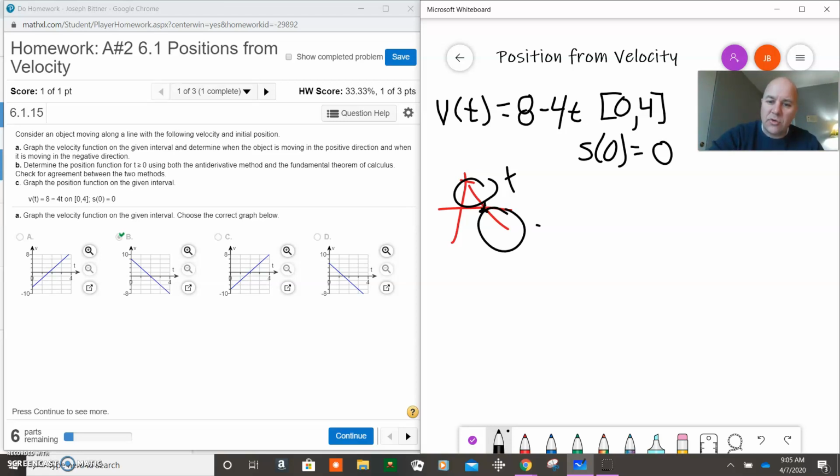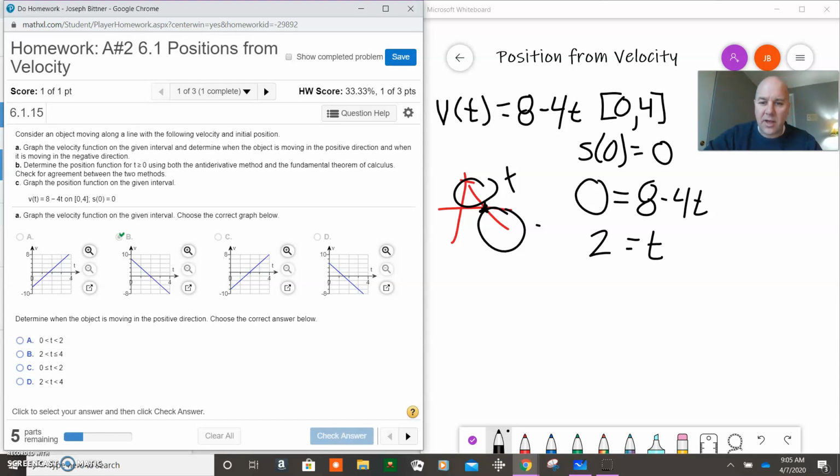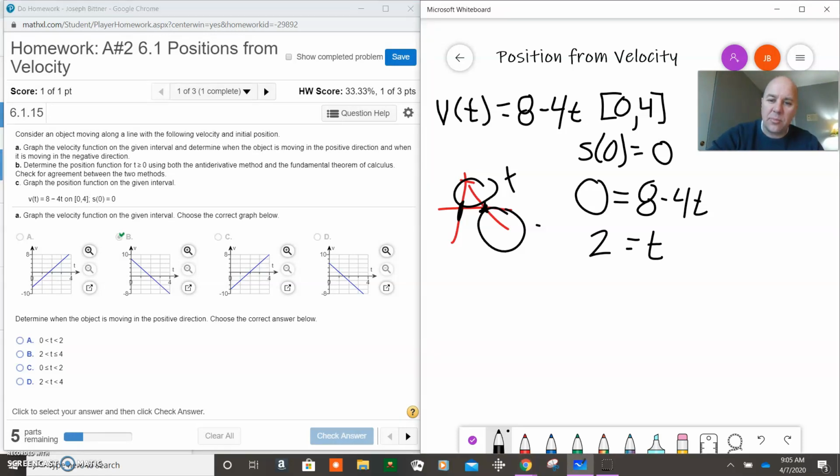Well, I wish I just knew what was that x value right there. If I take the equation and just set it equal to 0 and then solve it, I actually get an answer of 2, which is the x-intercept where it crosses. So when it says, when is it moving positive, the positive is going to be from the x to what x value.